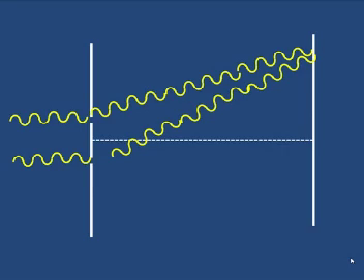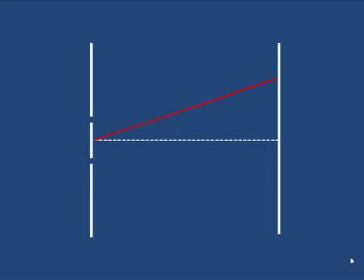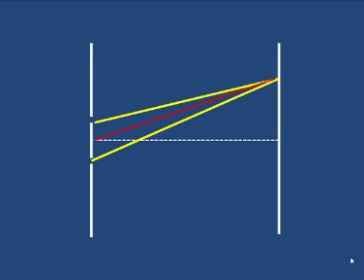So let me simplify this diagram. I'm going to draw a red line there, and the dotted line is shown. That yellow line represents the first diffracted ray. Here is the second diffracted ray. I will call the distance between the slits d. The length from the slit to the screen is L, and it's huge compared to d, 10 to the 5th times greater sometimes.